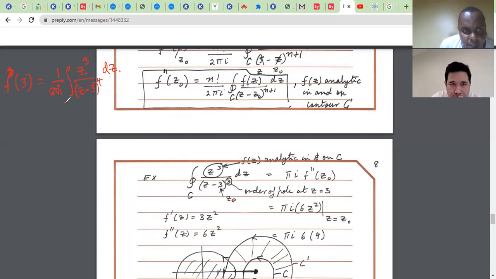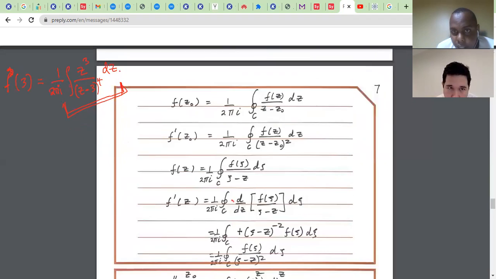I don't know whether the Cauchy integral formula gives us a way of solving this. You know, this pole is of order 4. Does the Cauchy integral formula work when the pole is of order 4? I don't think it does.